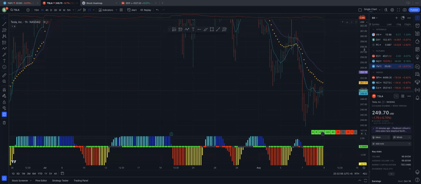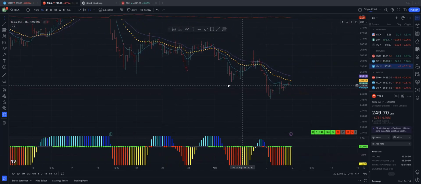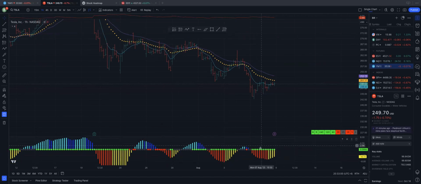Yeah, this is TradingView. But yeah, no, this is not in a squeeze. So if it has black, red, or orange dots, that means it's in a squeeze. And these green dots mean it's not in a squeeze. So no, Tesla's not in a squeeze right now. So I wouldn't be looking to trade that personally.